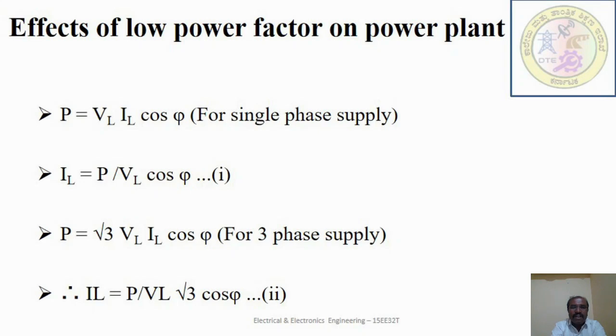The major effect of poor power factor is a higher value of line current. We know that the power factor is an important parameter for calculation of power in an AC circuit. For a given power and voltage, the current flowing through the line is inversely proportional to the power factor. This means low power factor means high current drawn, which means higher losses.